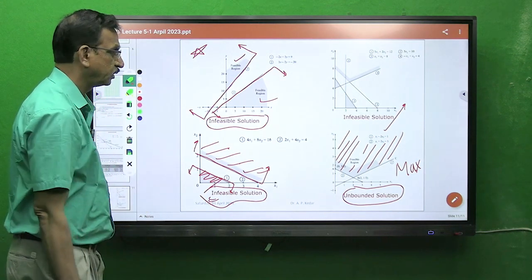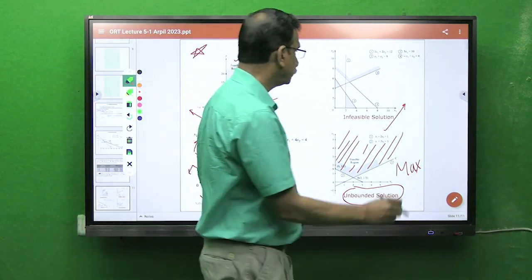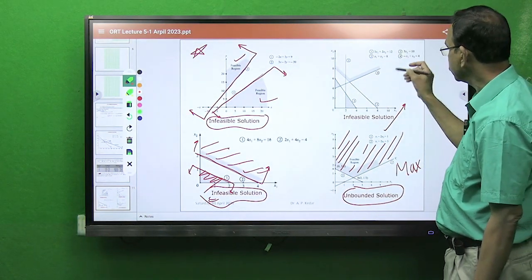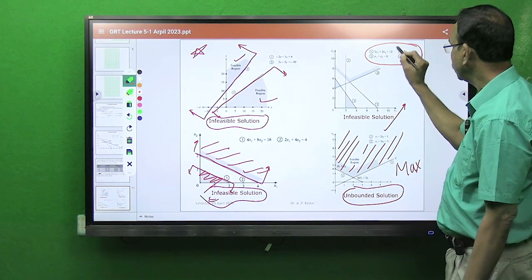And last, if you come to this case, four lines, four constraints are there.